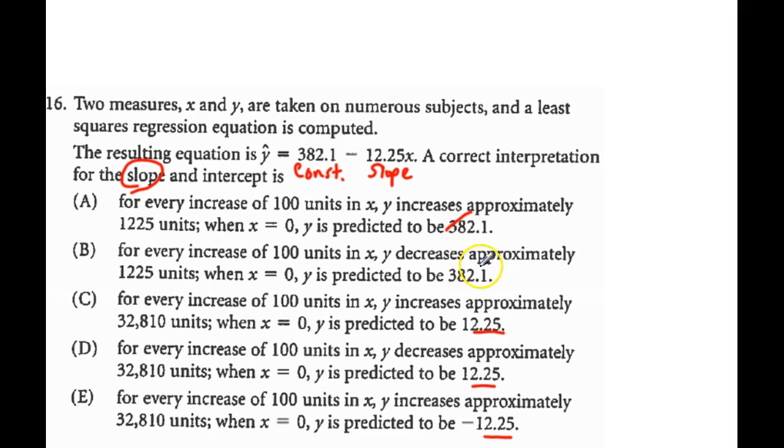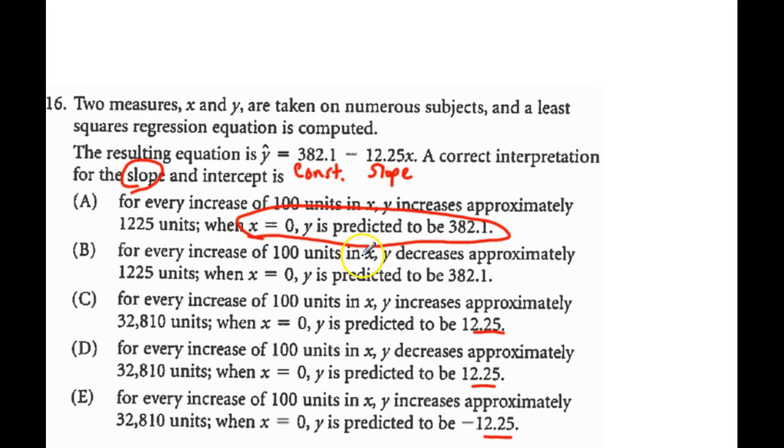That doesn't seem to be right, but let's actually see. Maybe let's read some of these. So for every increase of 100 units in x, the increase is approximately 1,225 units. When x equals 0, y is predicted to be 382. Well, that part is true. When x equals 0, y is certainly 382.1.